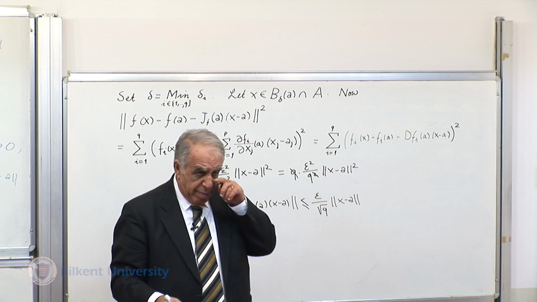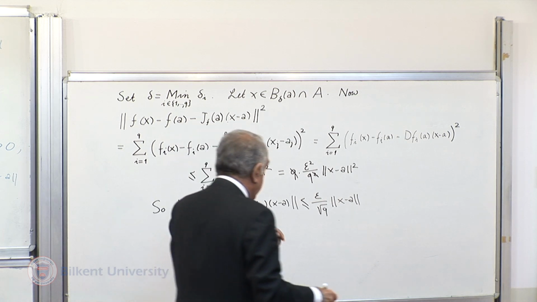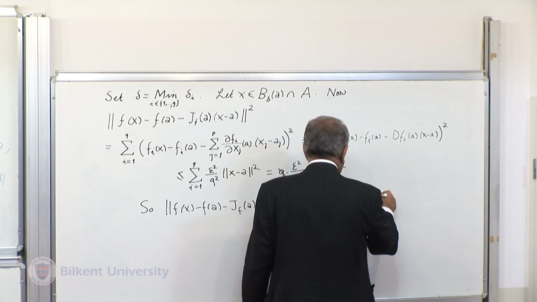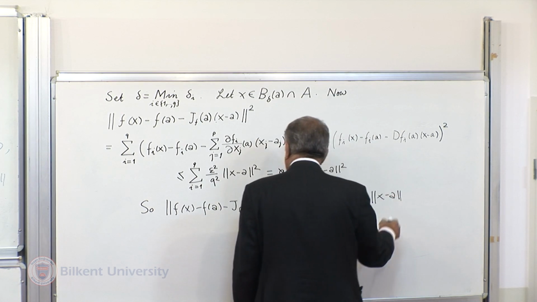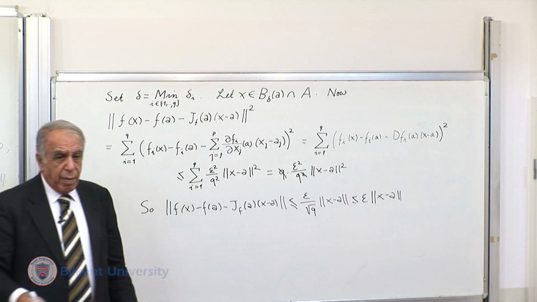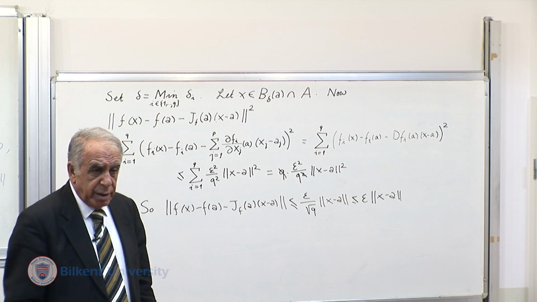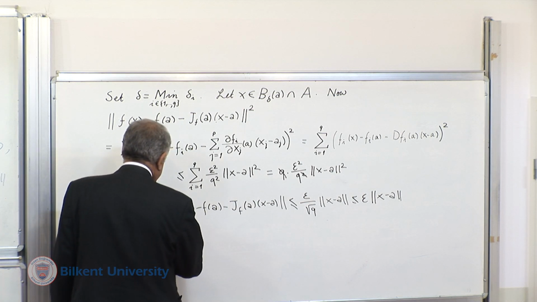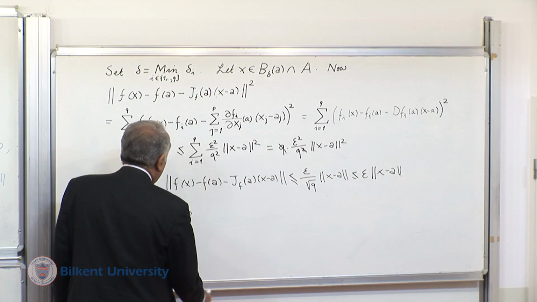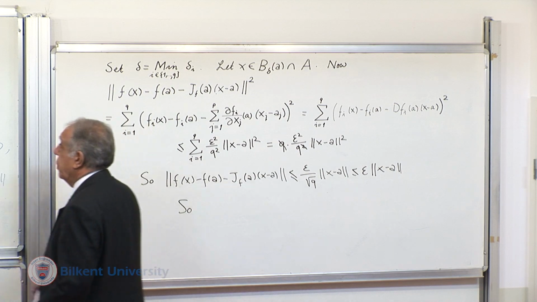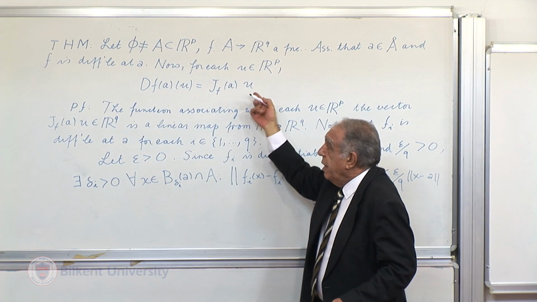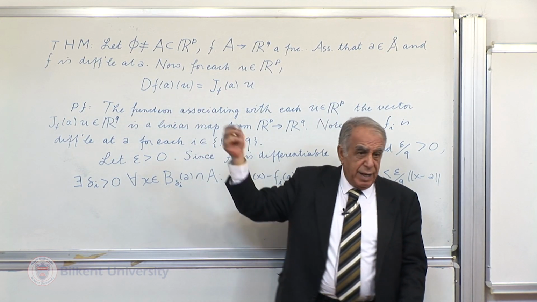But q is a positive integer, so this will be less than or equal to epsilon times the norm of x minus a, finally yielding the inequality that we wanted to show. So the function which sends each u to J_f(a) times u, a matrix product, that linear map is the derivative of f at a.